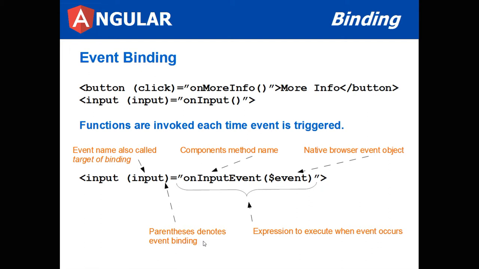The parentheses denote the event binding. This is the expression to execute when the event occurs. Typically you could have an empty function, or you could pass the native browser event object to the function. And the function could say, oh, here's an event. What's the target? What's the value?